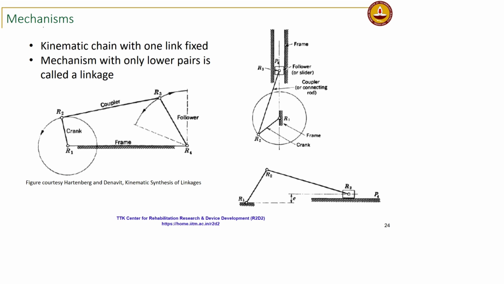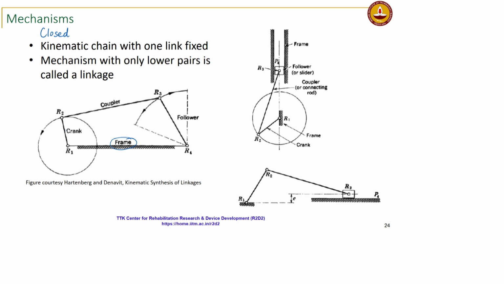So, a closed kinematic chain with one link fixed forms a mechanism. In a 4 bar mechanism, which is one of the most common mechanisms we will encounter, the fixed link is called the frame, and your input is typically called the crank.